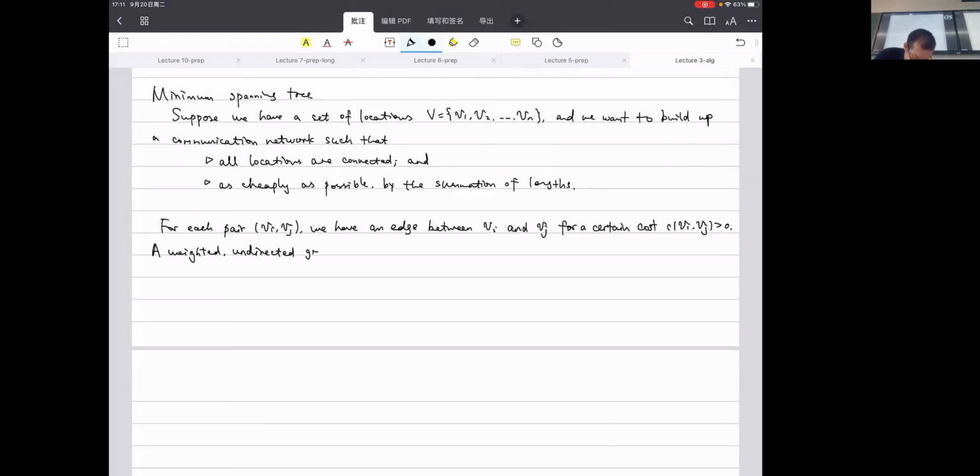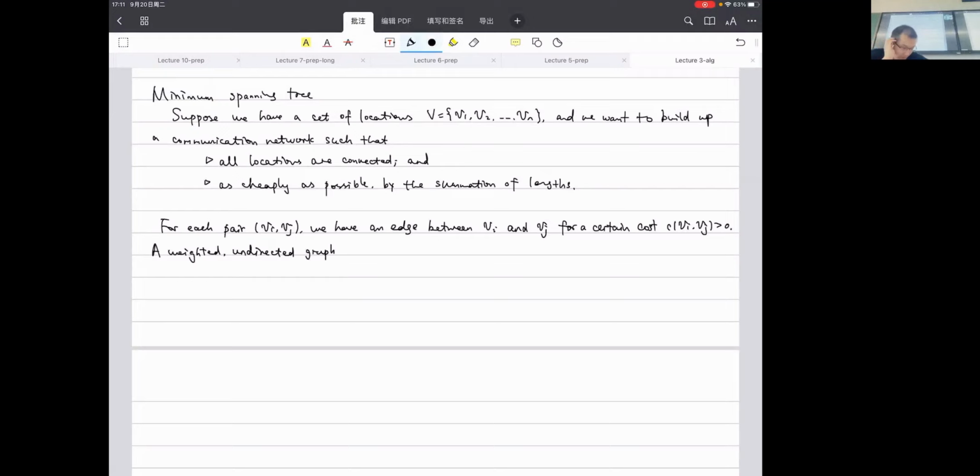Instead of the case of Dijkstra's algorithm, here, for instance, in this communication network problem, we just consider an undirected graph. The edge from U to V and V to U are the same; if there is an edge like this, we can consider both directions, and they have the same cost.